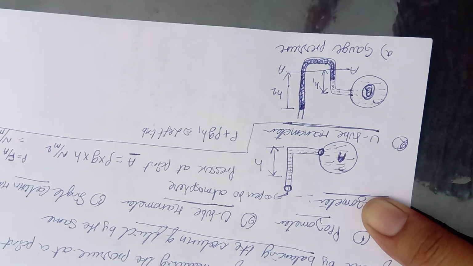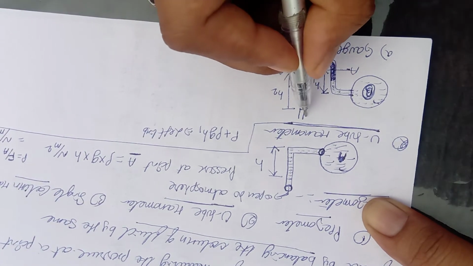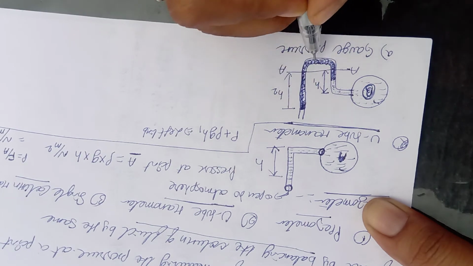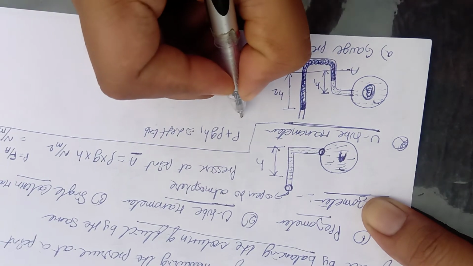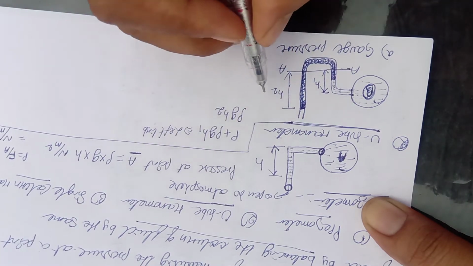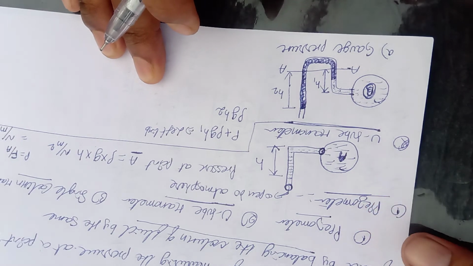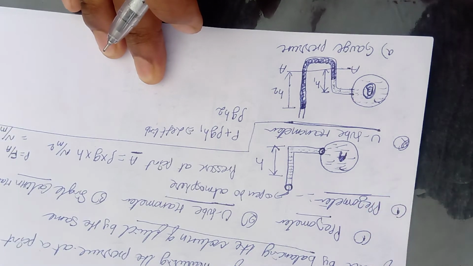Now what is the pressure in the right limb? If this is my right limb, there is no pressure except rho G H2, because this is my H2. Rho is the density, G is gravity, and H2.